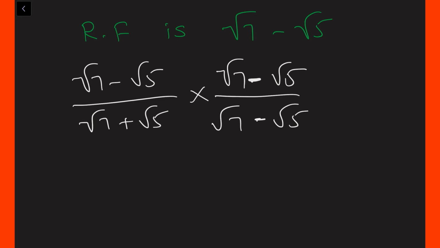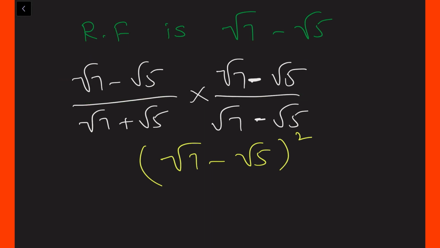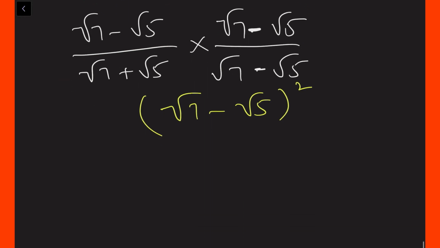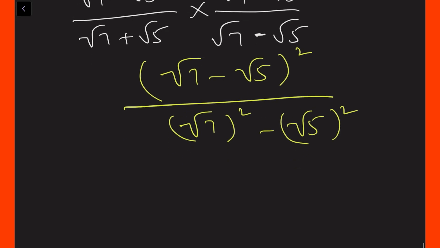Now if we observe the numerator, here root 7 minus root 5 is there, here also root 7 minus root 5 is there. Root 7 minus root 5 into root 7 minus root 5 is nothing but root 7 minus root 5 whole square. Now if we observe the denominator, as I already said, always the denominator will be a square minus b square formula only. So divided by root 7 whole square minus root 5 whole square.